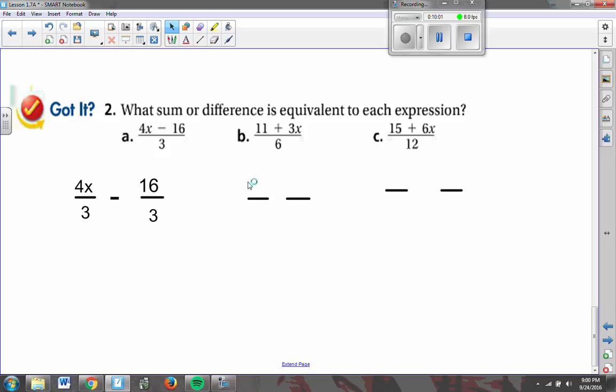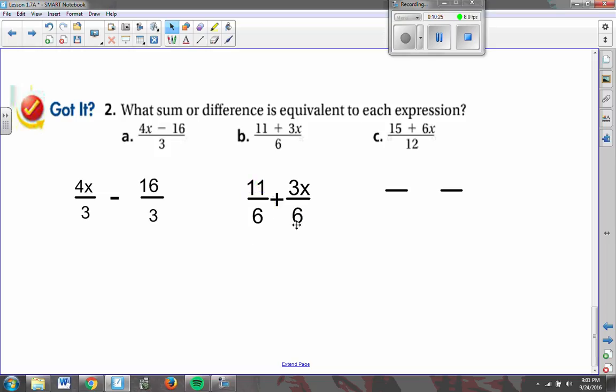Now, in letter B, I will have a plus sign between the two because there was a plus sign on the top of my fraction. The first fraction is going to be an 11 on the top with a 6 on the bottom. And then here, I would end up with a 3x on the top and a 6 on the bottom.